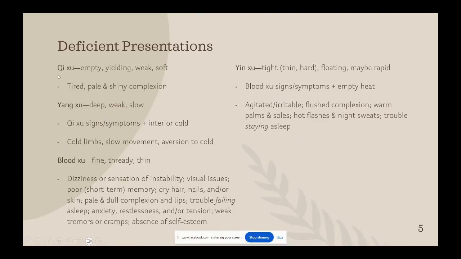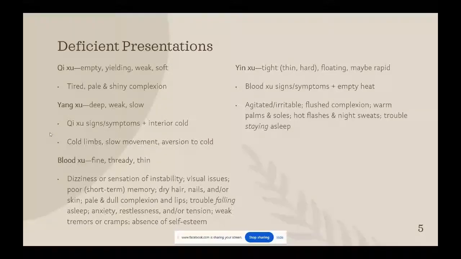And then yang deficiency, like we were saying before, is a more severe version of qi deficiency. So we're going to see those qi deficient signs and symptoms in addition to interior cold. So this could manifest as literally a coldness of the person, as well as slow movement. Also, typically, yang deficient people are going to have heavier, softer bodies.